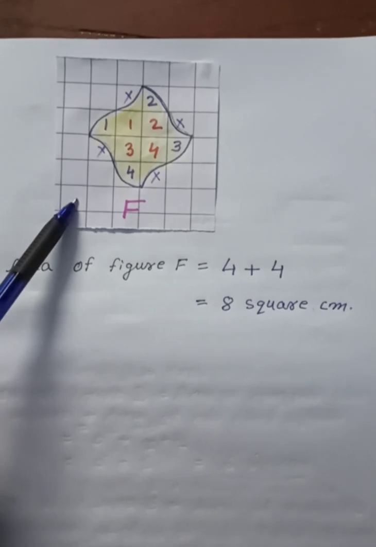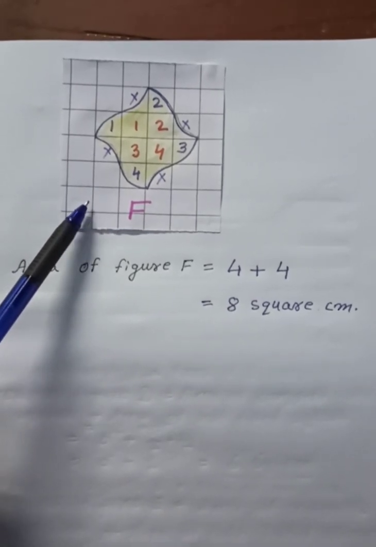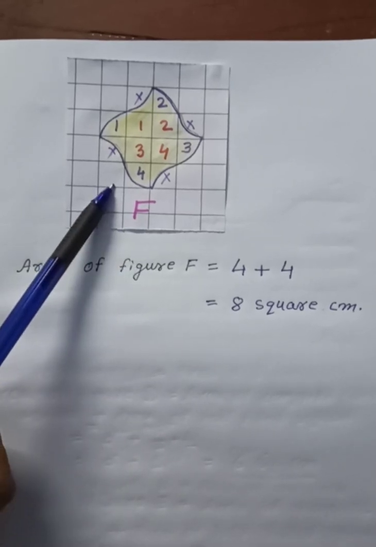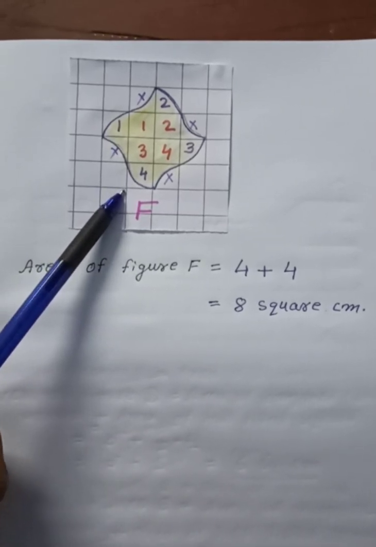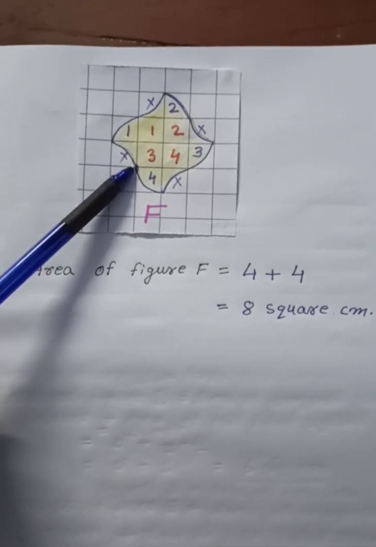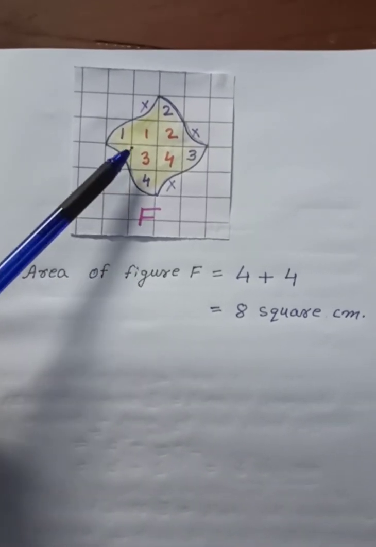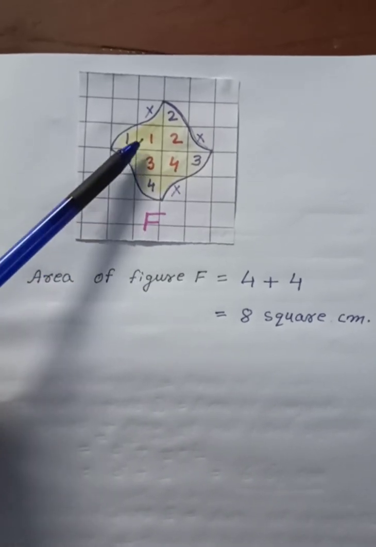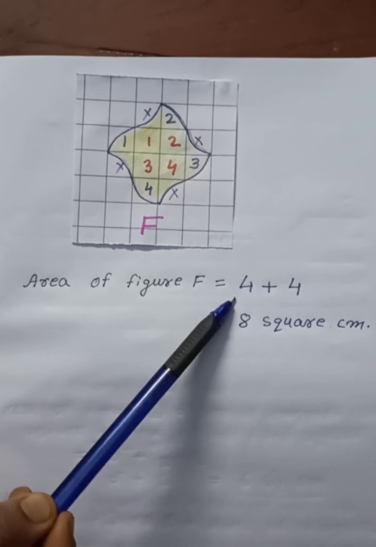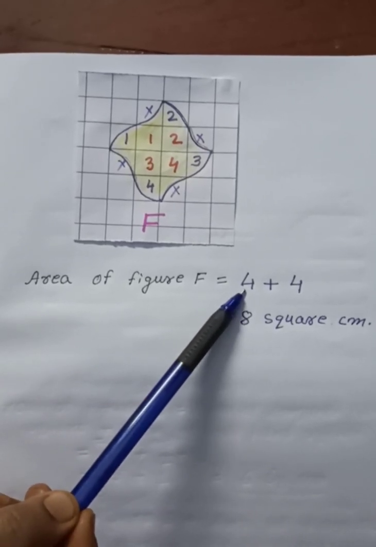Children, we will see the last figure, last shape F, and we have to find the area of figure F. So how to find? First we see here complete square. So how many complete square? I have shown in red color. So 1, 2, 3, 4. So we will write the complete square is 4.